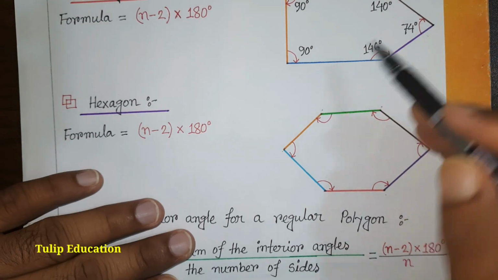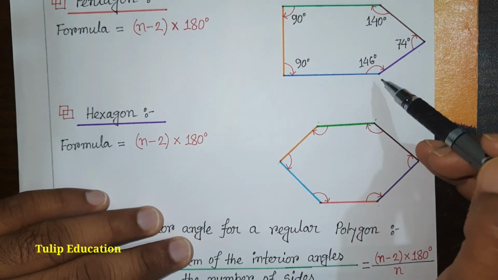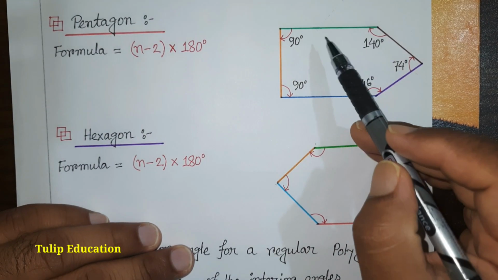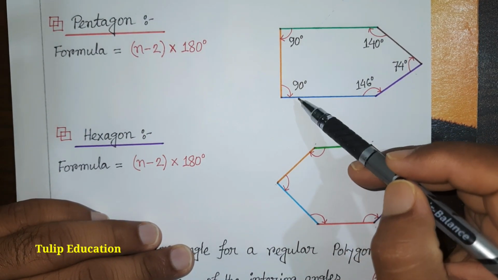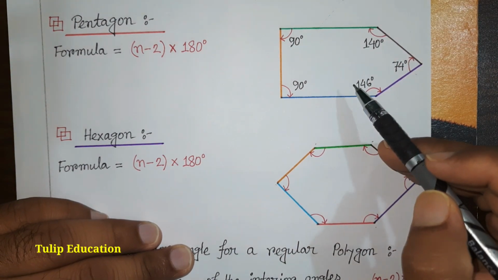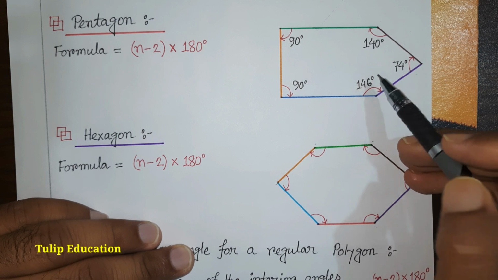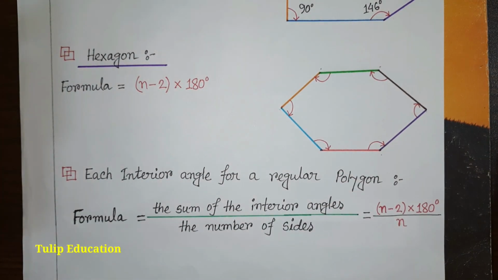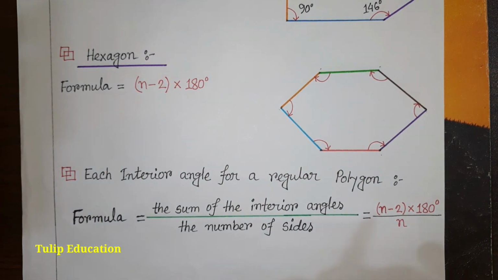This is not a regular polygon because we can see the two angles are similar but other three angles are different. That's why it is an irregular polygon. But if this is a regular hexagon or regular polygon, we can easily calculate each angle.